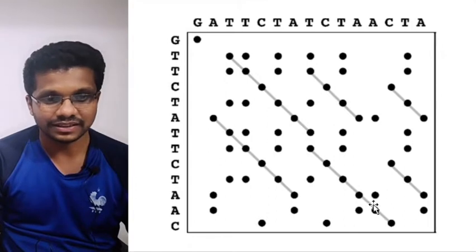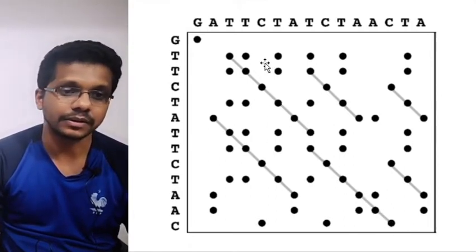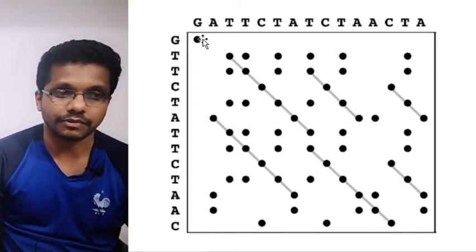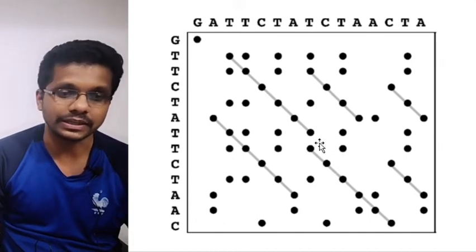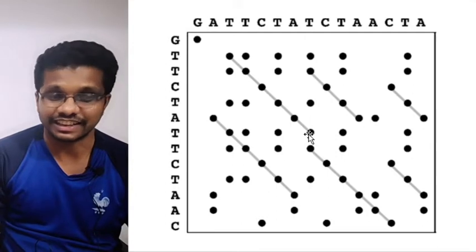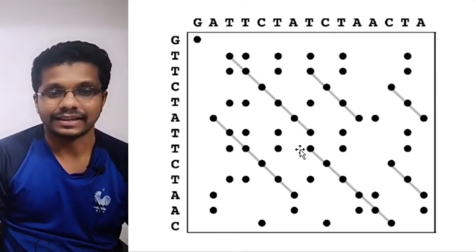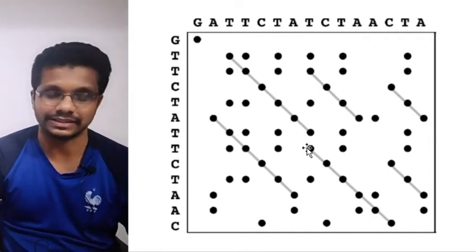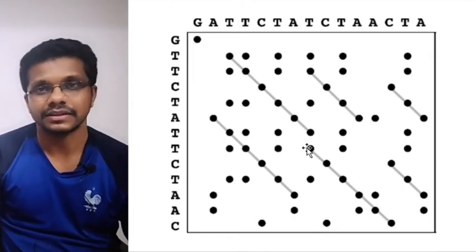You can see that there is no straight line from one diagonal to another. This is not connected. So here, in order to get a diagonal line, we need to move vertically. A vertical or horizontal movement in the diagonal line represents a gap, meaning an insertion or a deletion, just like the gaps we introduced in the sequence alignment examples.